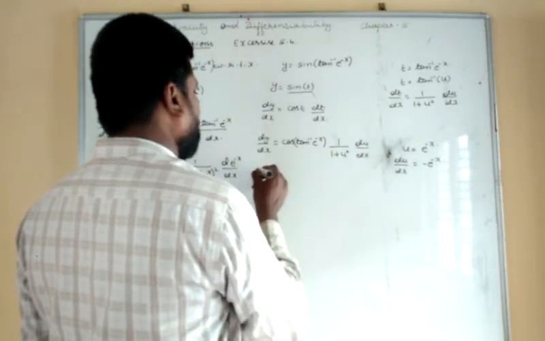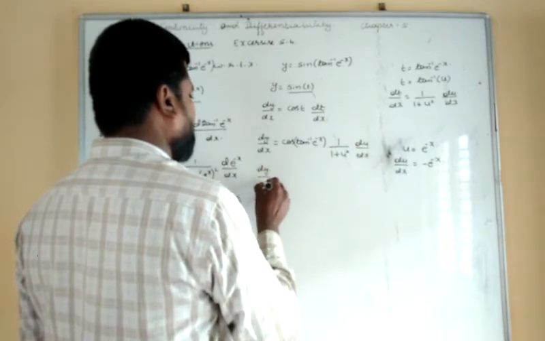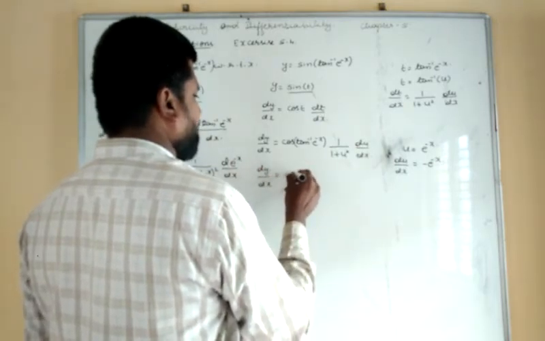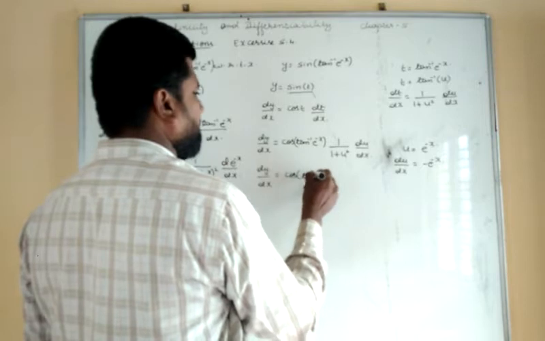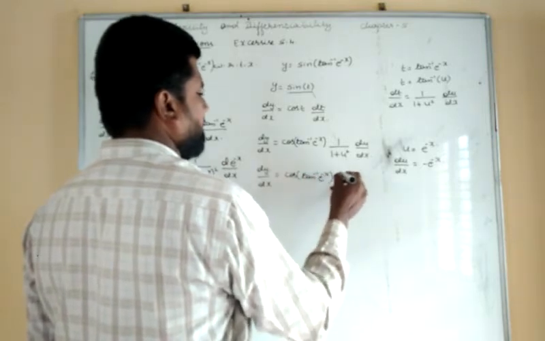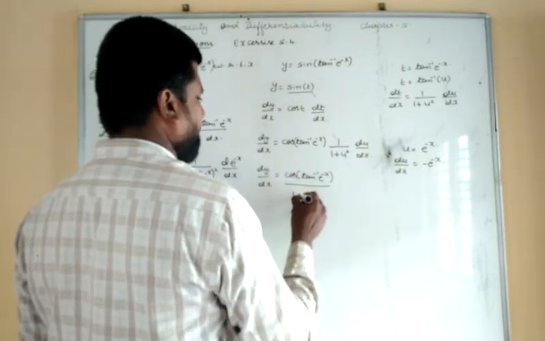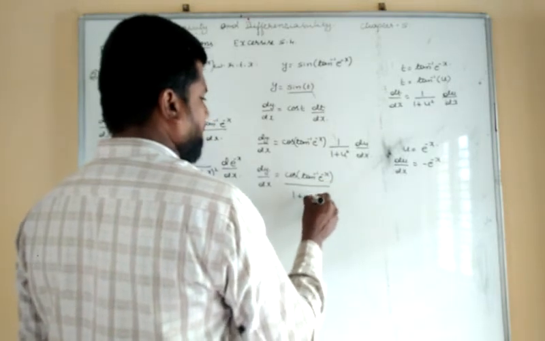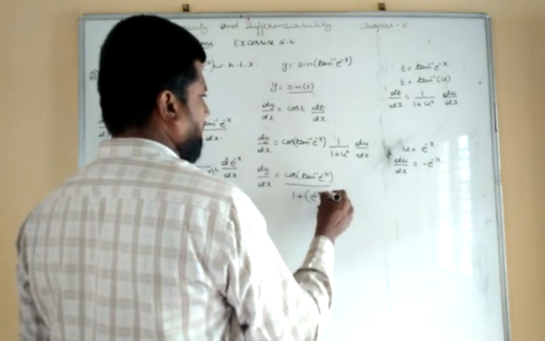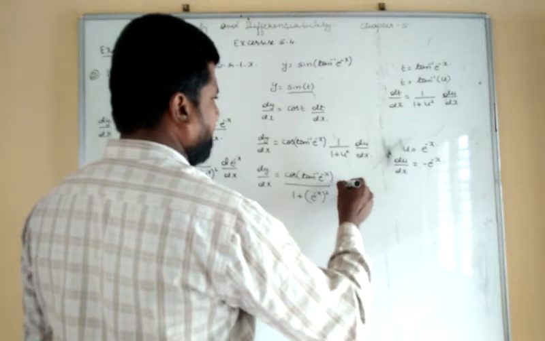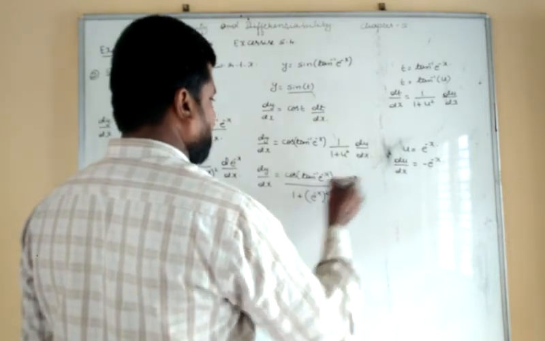Again substitute the value of u and du. dy by dx is equal to cos of tan inverse e to the power of minus x by 1 plus u square, u meaning e to the power of minus x whole square, into du by dx, meaning minus e to the power of minus x.